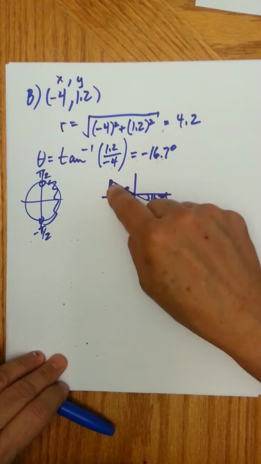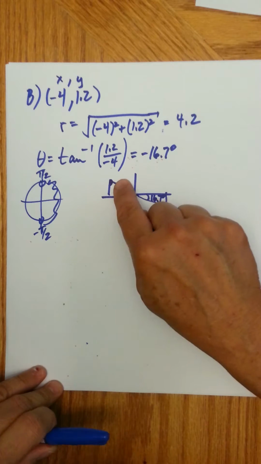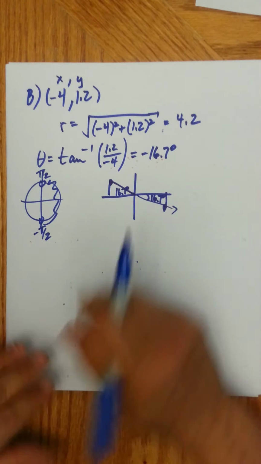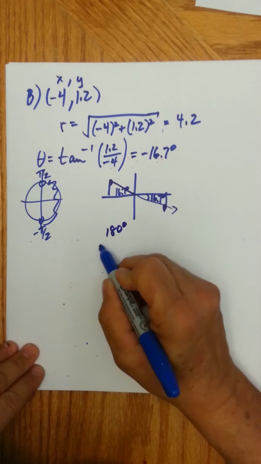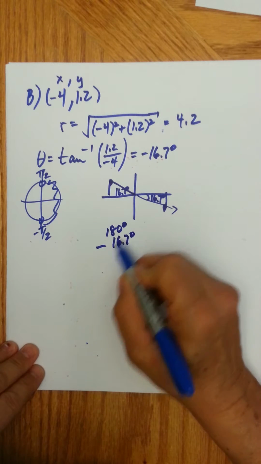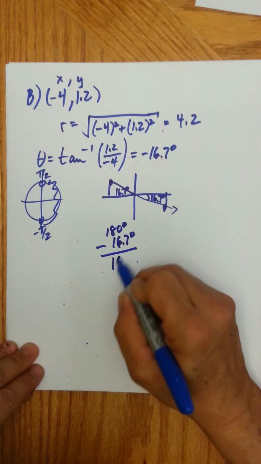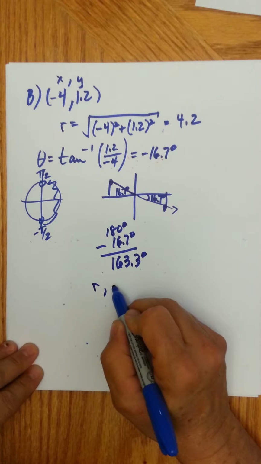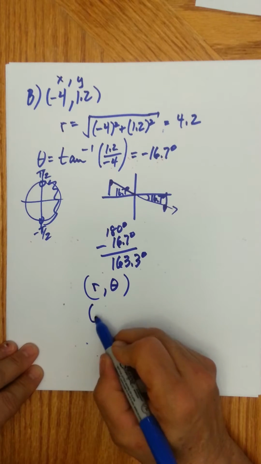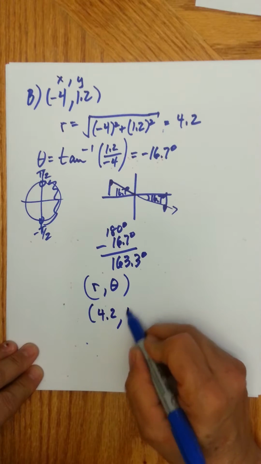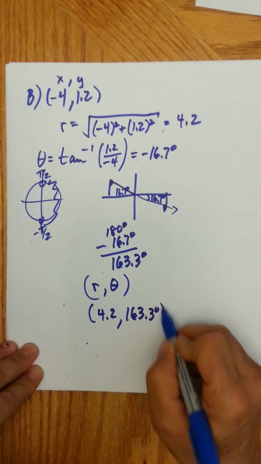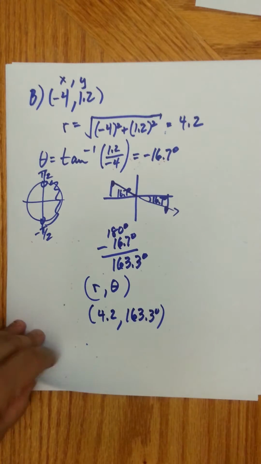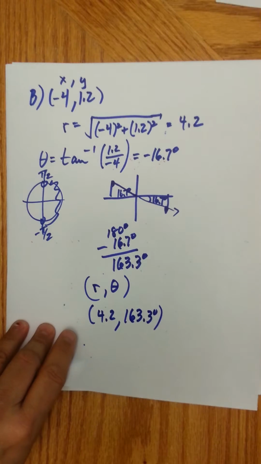How much is this much? Well, it's 180 minus 16.7, right? So if you take 180 degrees minus 16.7 degrees, you'll get 163.3 degrees. So your r theta that you should be writing would be 4.2, 163.3 degrees. Okay?